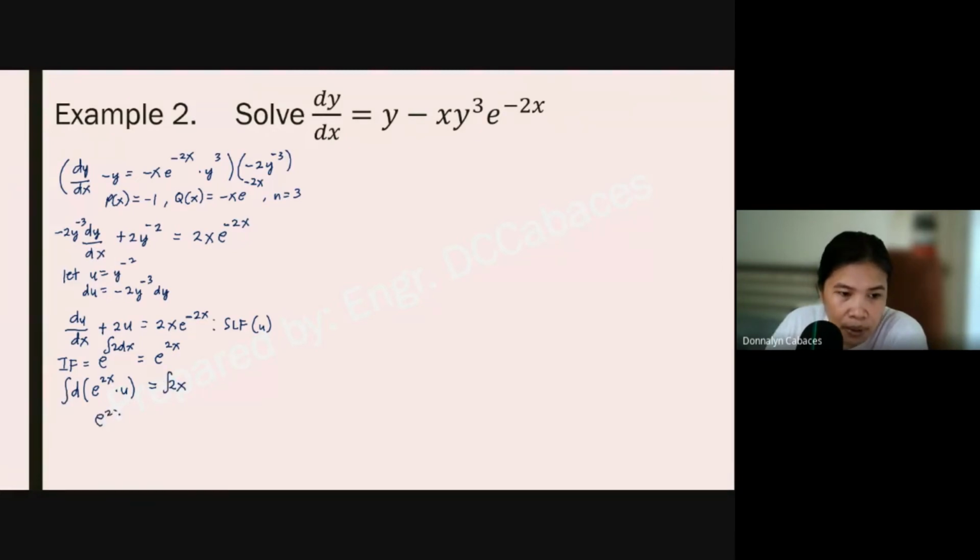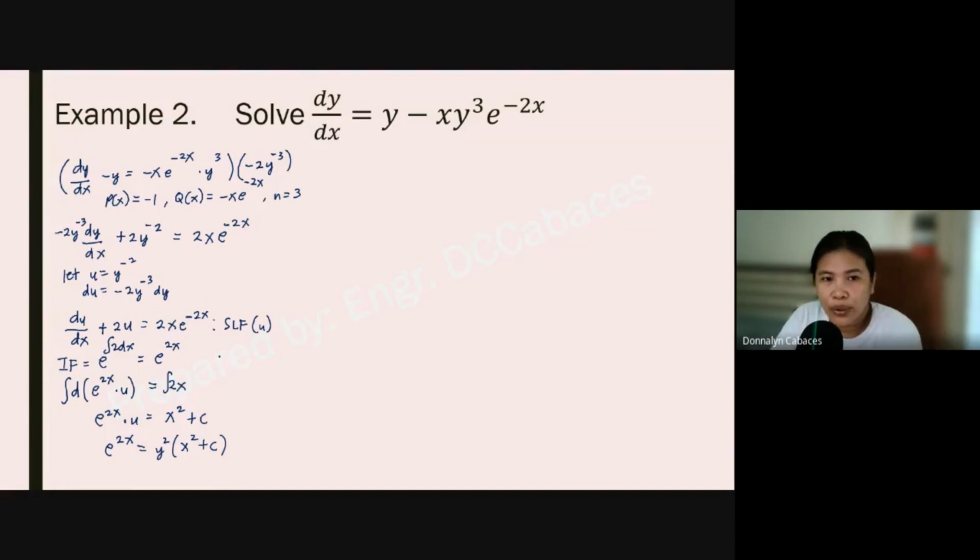So that is e to the 2x times u is equal to 2x squared over 2, or that is x squared plus c. But our u is y to the negative 2. Therefore, you have e to the 2x is equal to y squared times (x squared plus c).